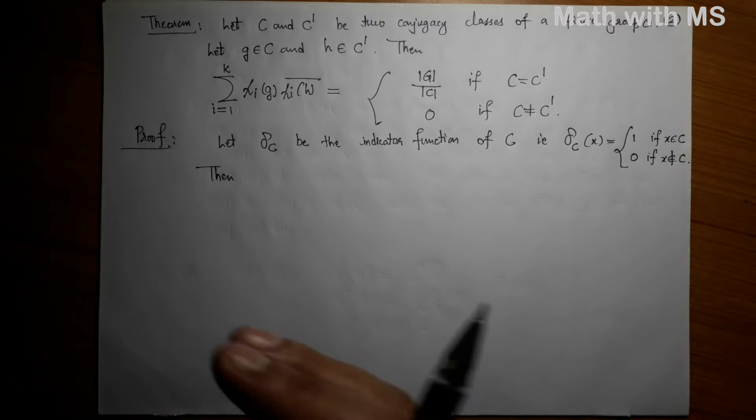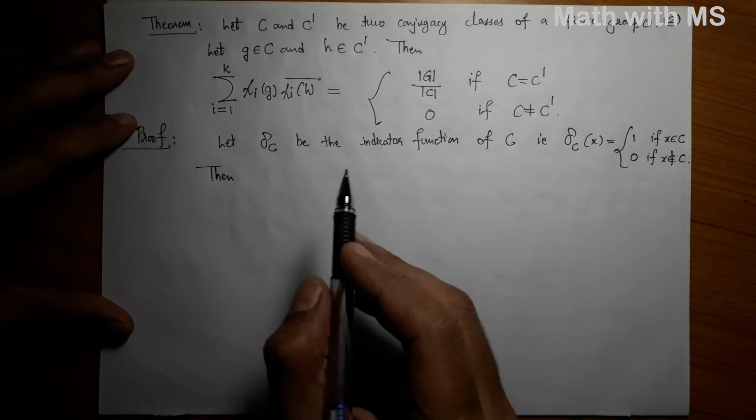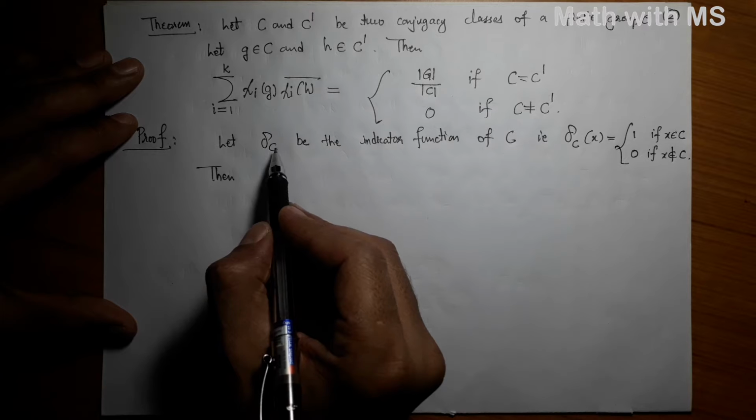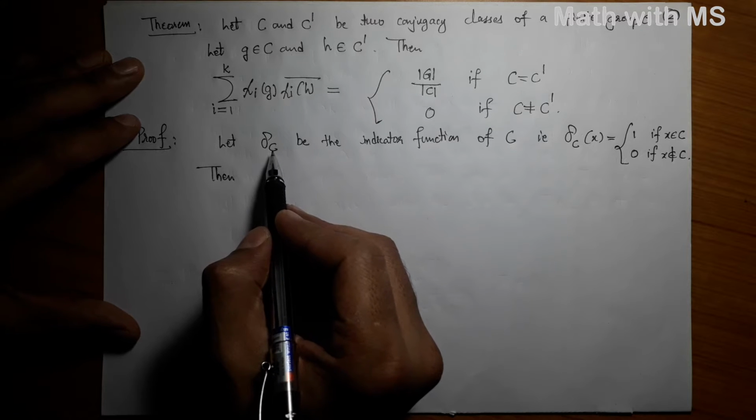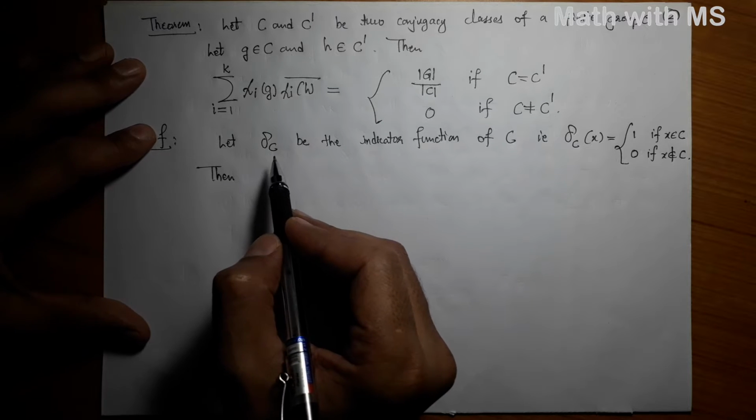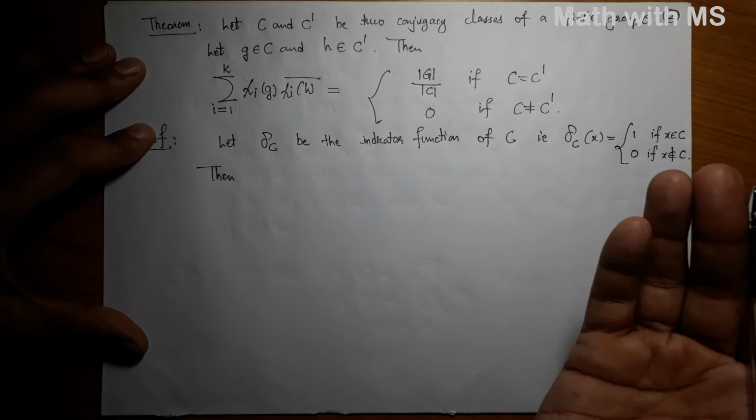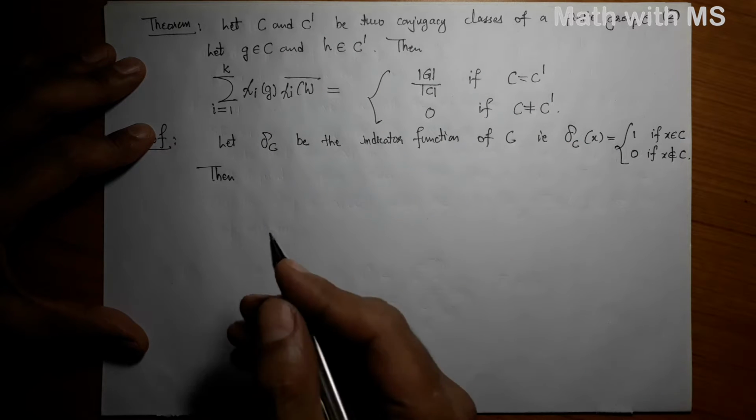We proved this in the previous videos. Therefore, this function delta C, which is also a class function, can be written as a linear combination of the bases consisting of irreducible characters.